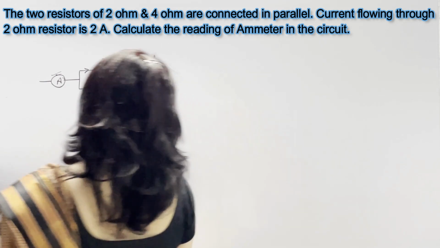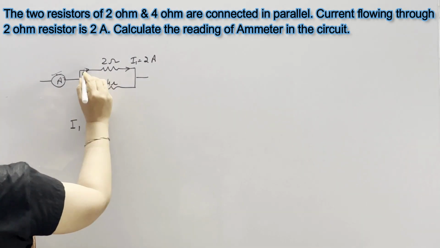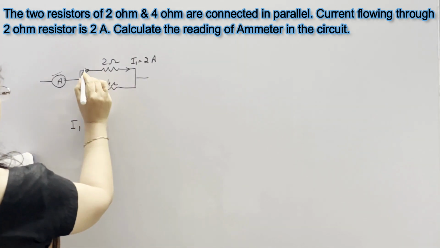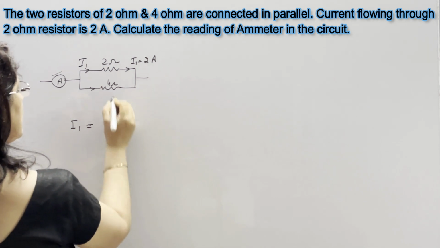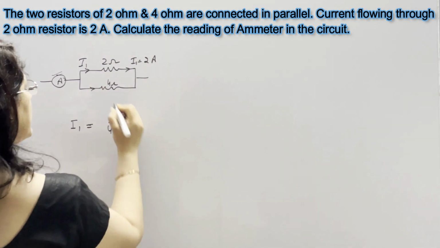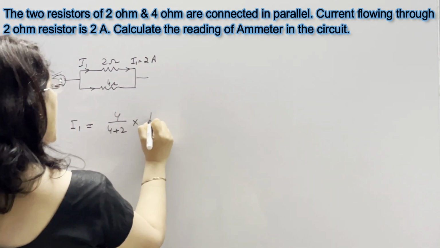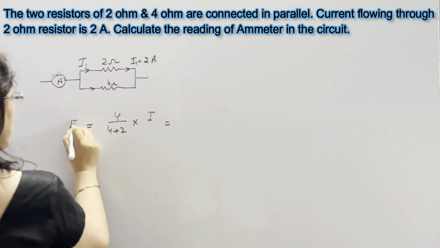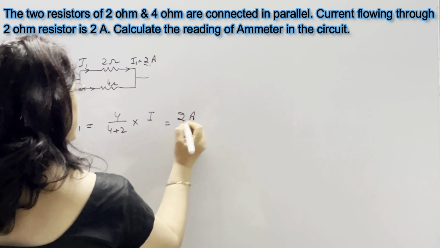We know the formula. Current through branch 1, I1. It means this current is I1. So I1, opposite resistance is 4 ohm, then total resistance is 4 plus 2 ohm, and total current in the circuit here we don't know, so we take it as I. But the branch I1 is carrying this current, we know that it is 2 ampere.